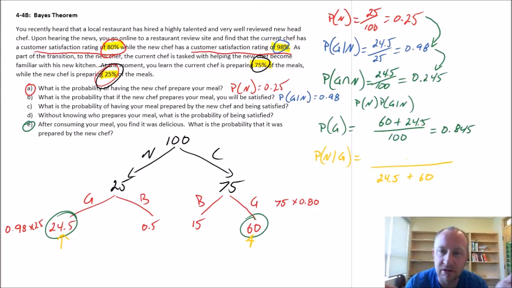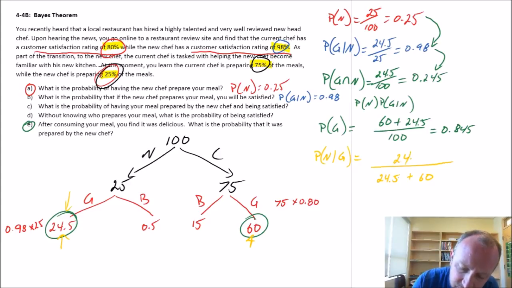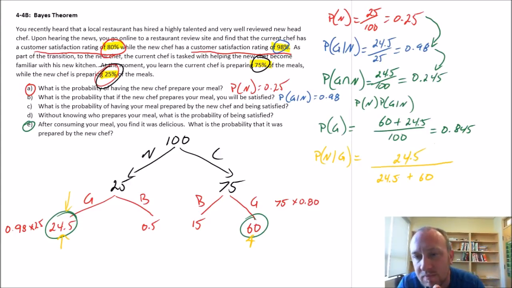Those are all of the good meals that are produced. Out of these 100 meals, there's 24.5 plus 60, so 84.5 meals are good. Of those, how many were produced by the new chef? So the new chef, well, they produced 24.5. And so here we're just really looking at the percentage. What's the percentage of the good meals that were produced by the new chef?